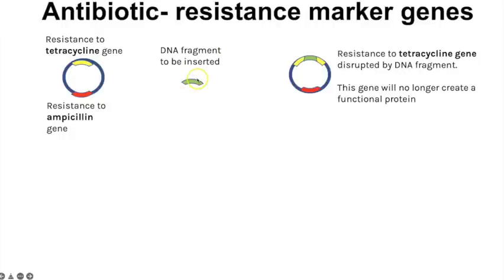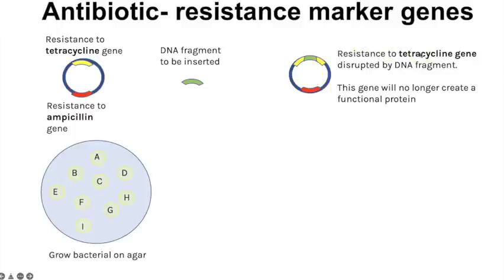Now that DNA fragment is deliberately inserted in the middle of the tetracycline gene. In that way, it disrupts the tetracycline gene, and the bacteria would therefore no longer be resistant to the antibiotic tetracycline. So if that bacteria was exposed to tetracycline, the bacteria would die.